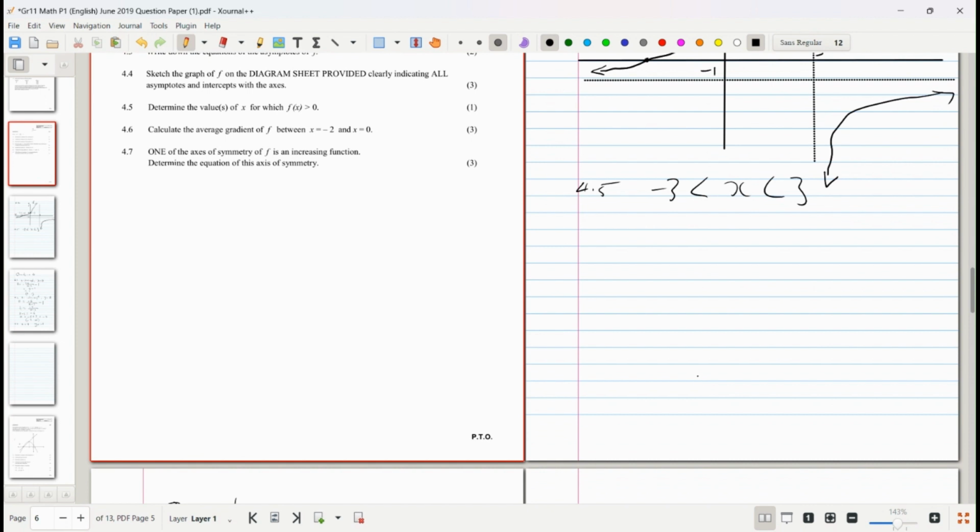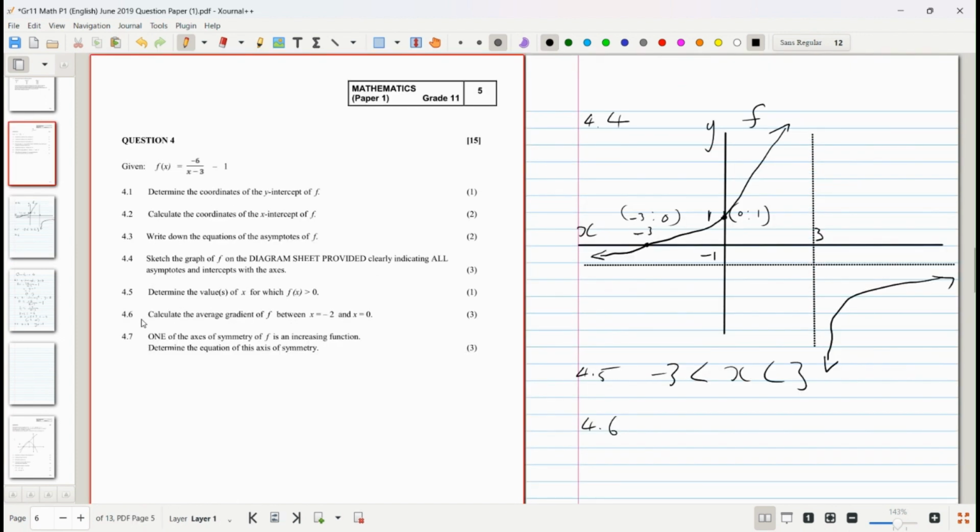So moving forward to 4.6, they say calculate the average gradient between x equals to -2 and x equals to 0. We can substitute x equals to -2 and x equals to 0 into this function here.